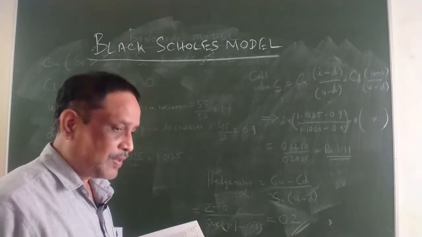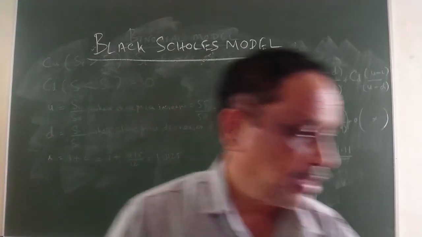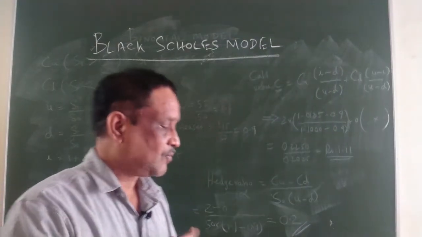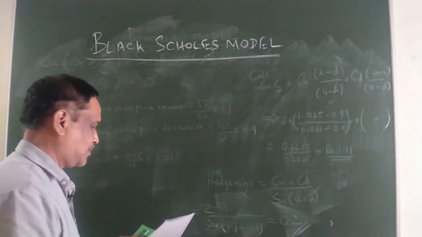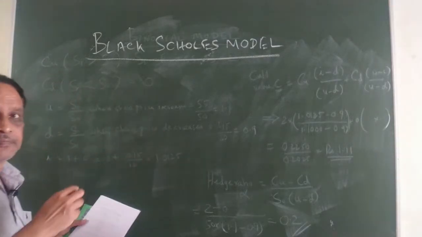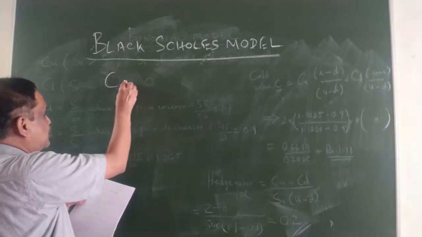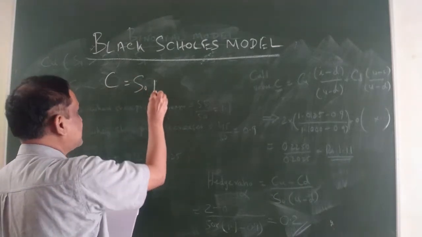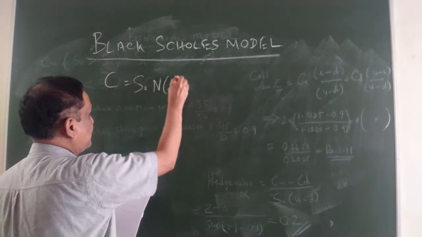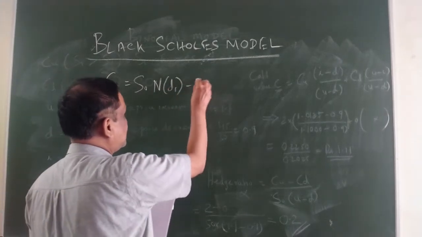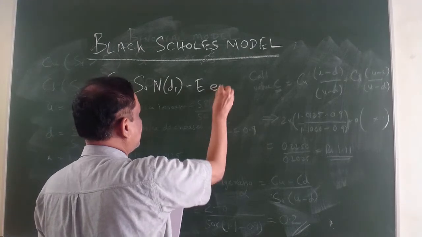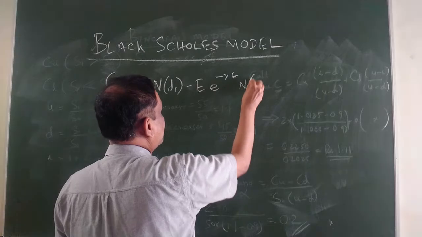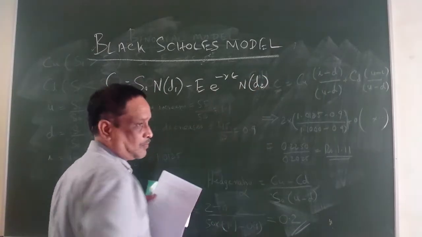So we all know the formula. Let me write it for you. The call option formula is given as S naught N of d1 minus E power minus rt into N of d2.